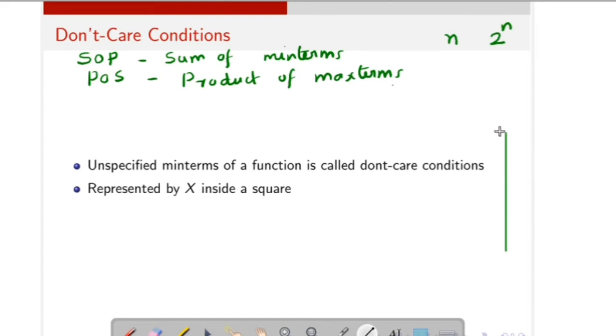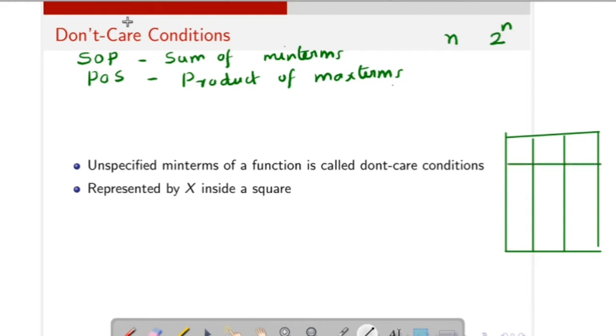This means that suppose we have a 2 variable function. The input variables are x and y, and there is an output. So we have 4 input combinations: 0 0, 0 1, 1 0 and 1 1.